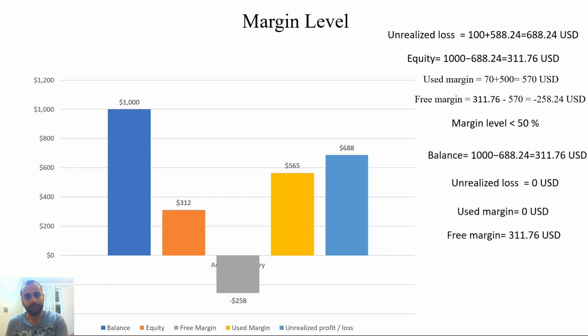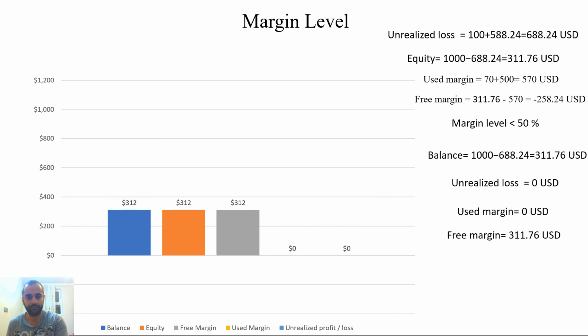Used margin becomes zero and free margin is equal to account balance or equity. So the stop out level and margin call level are thresholds that brokers enforce to manage risk exposure in trading accounts, ensuring positions are closed to prevent further losses when equity falls below a specified percentage.